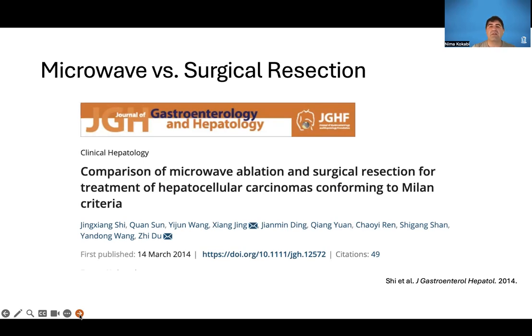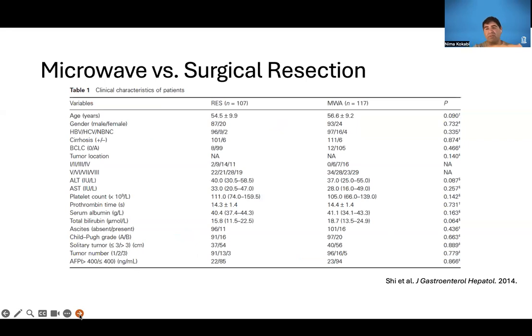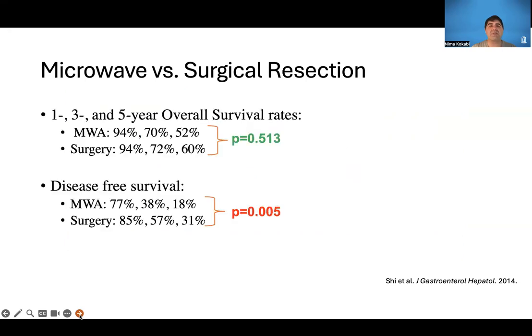This was a study looking at microwave ablation versus surgical resection for HCCs, again, within Milan criteria, so small HCCs. No difference in the patient characteristics between the two cohorts.